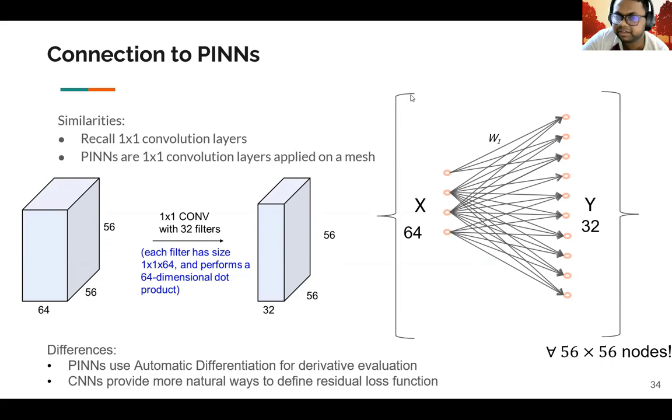Instead of automatic differentiation, in this CNN based approach you can also use traditional numerical derivatives. That way we can define natural ways, well established in numerical methods, of computing residuals and of minimizing these residuals in a convolutional neural network sense.